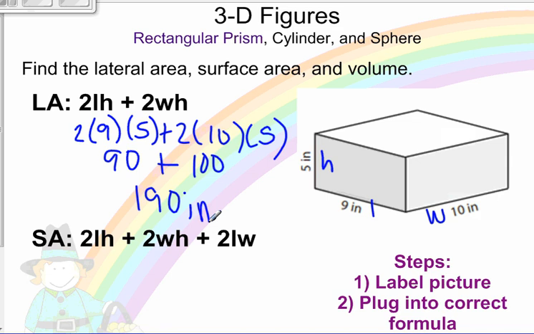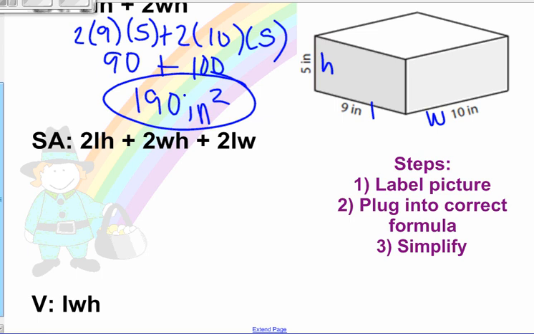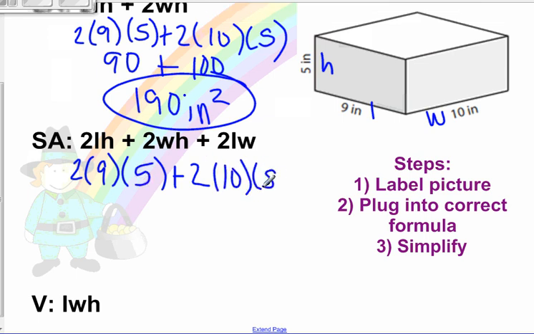It was lateral area, so inches squared. For surface area, we're going to have 2 times 9 times 10 plus 2, oops, I put the width there. My height is 5. Plus 2 times 10 times 5 plus 2 times 9 times 10.